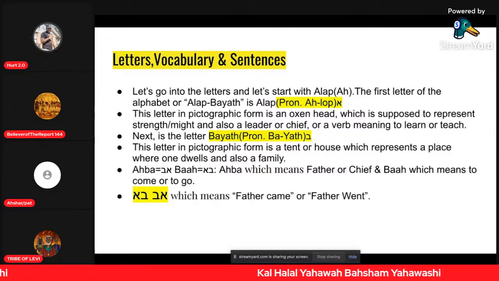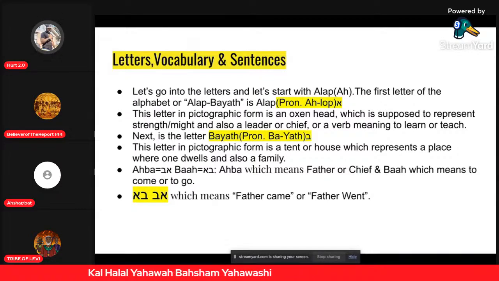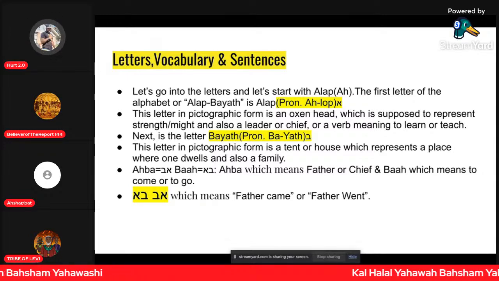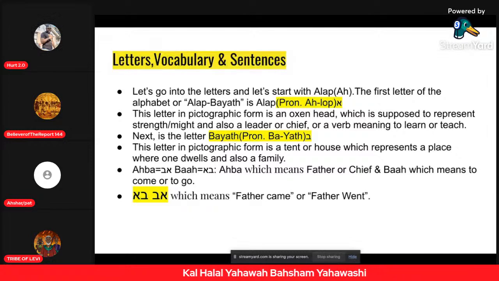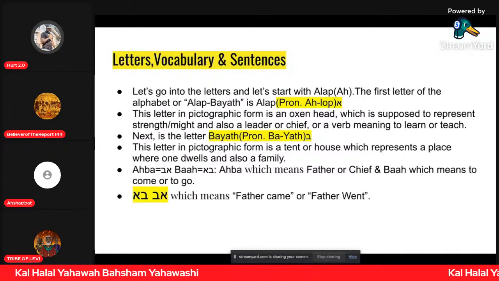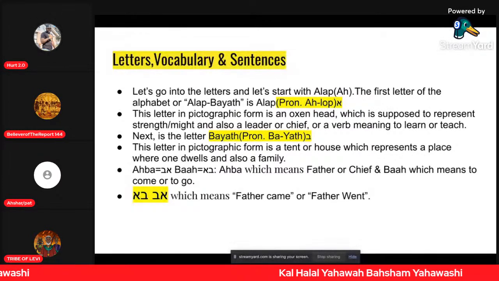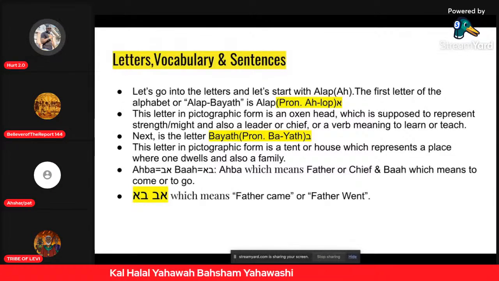Next is the letter bayath. This letter in pictographic form is a tent or house, which represents a place where one dwells, and also a family. Abba, which means father or chief, and ba, which means to come or to go, which means father came or father went.